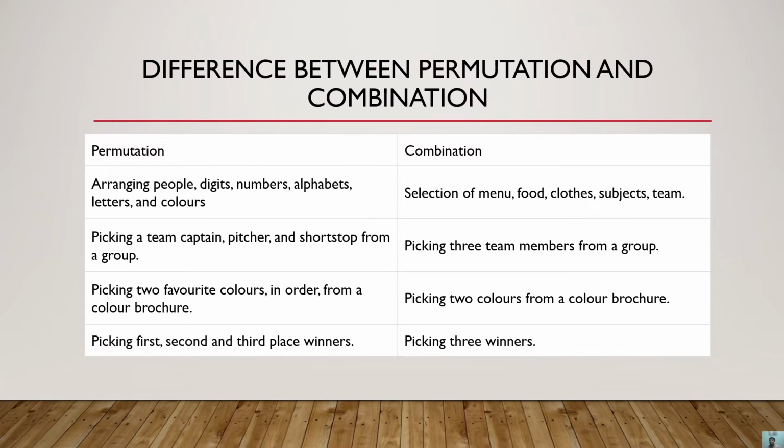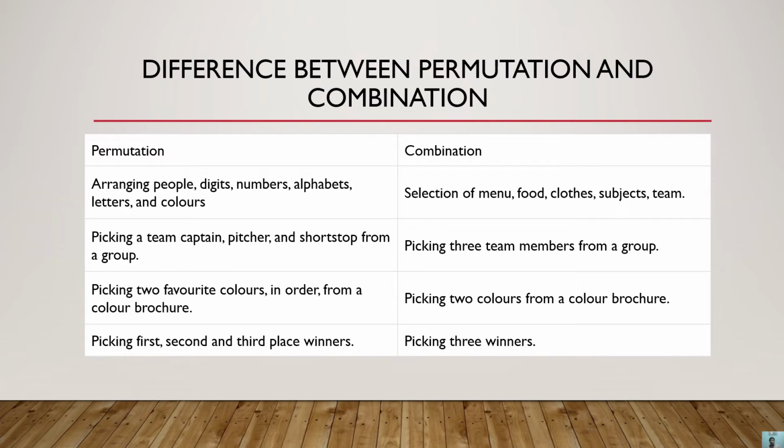To clearly see the difference between permutation and combination, we have here a table. In permutation, we arrange people, digits, numbers, alphabets, letters, and colors. While in combination, we select menu, food, clothes, subject, and team. In permutation, we pick team captain, pitcher, shortstop from a group. While in combination, we pick 3 team members from a group, regardless of who is the captain, the pitcher, or the shortstop.